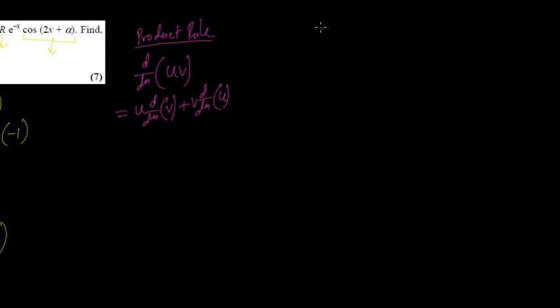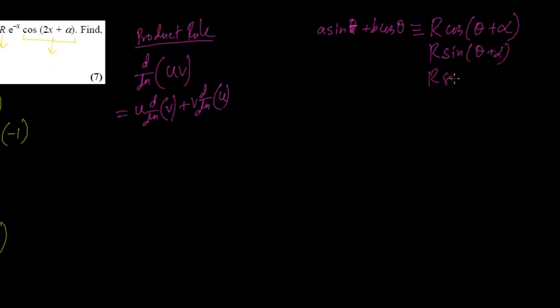When you have a sine theta plus b cos theta, and you have to express it as r cos theta plus something else alpha, and it could be something else also. It could be r sine theta plus alpha, it could be r sine theta minus alpha, it could be r cos theta minus alpha, it could be anything.